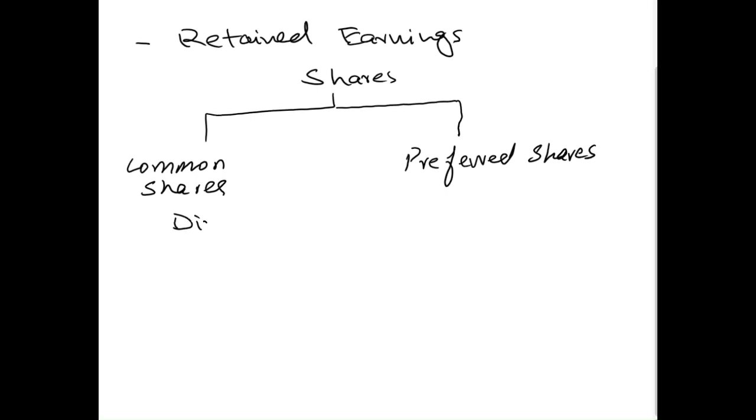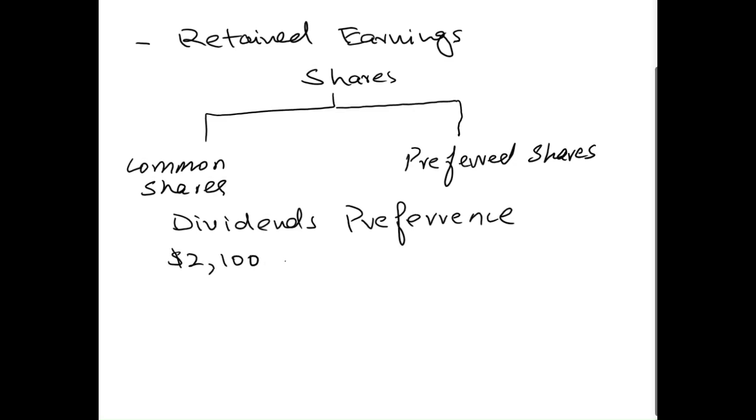So, dividends preference. What this means is, let's say a company has $2, 100 outstanding preferred shares.